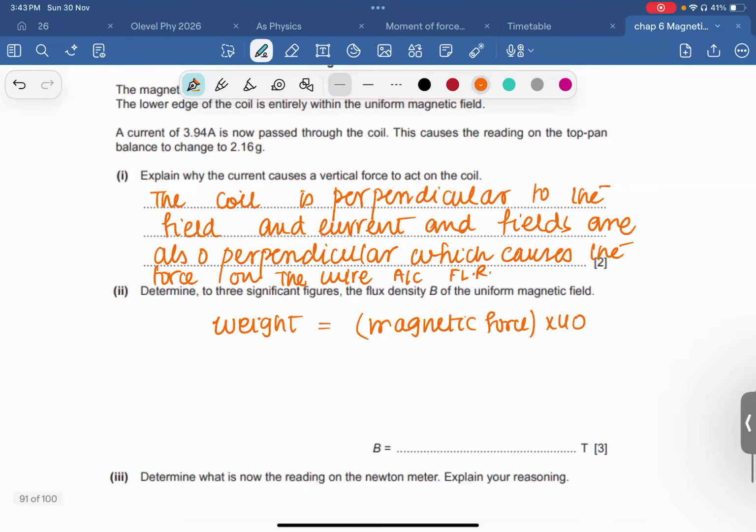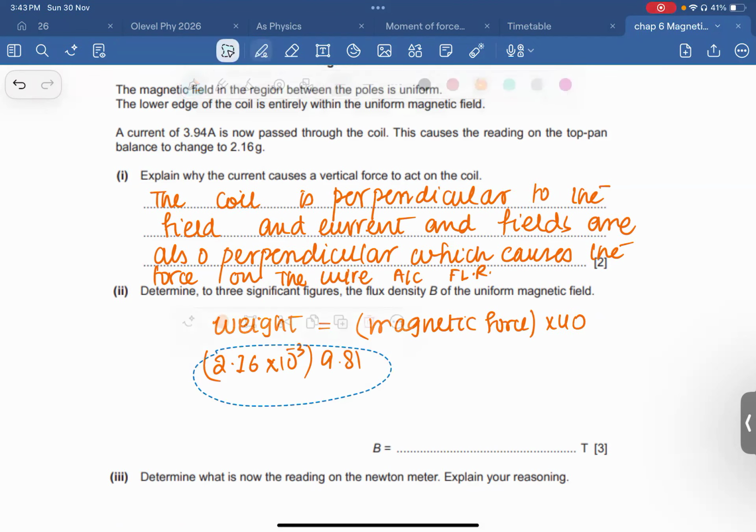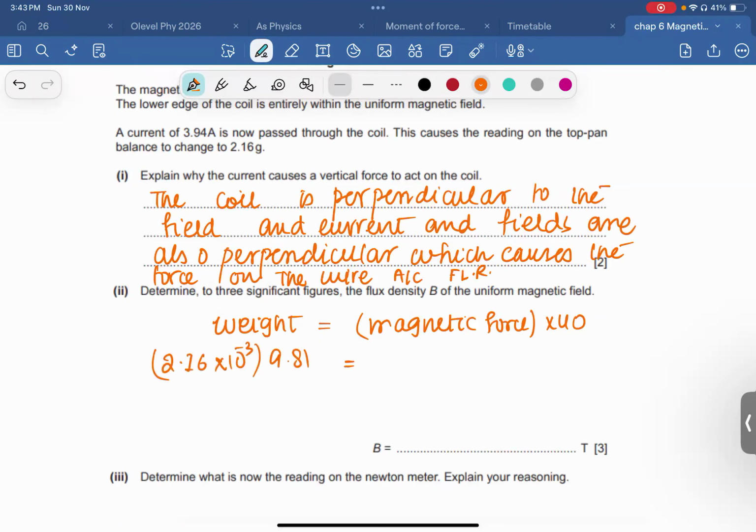So this causes the reading on the top pan balance to change to 2.16. So 2.16 grams, exponent -3, times 9.81, is equal to the magnetic force, so 40 into B, I and L. This is the formula that we're using.